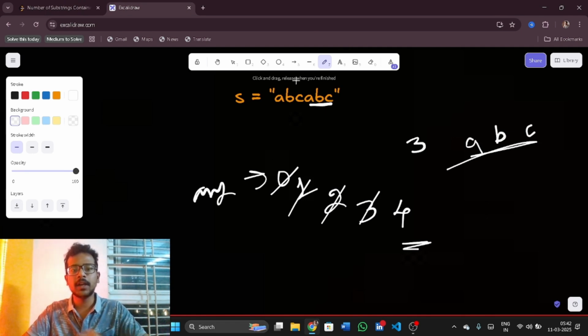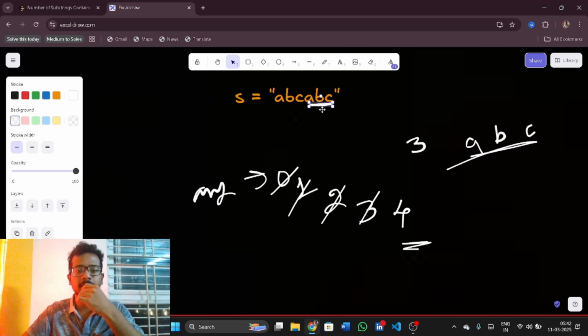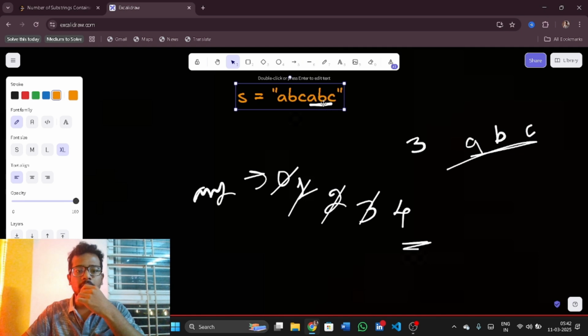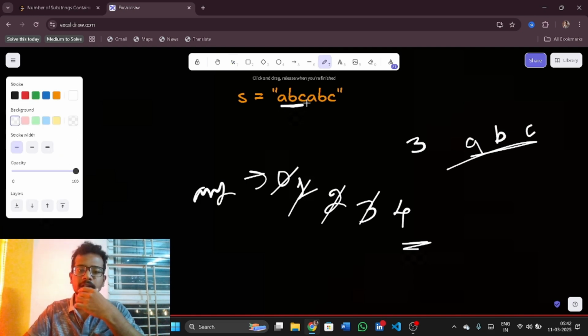So let me take the first substring which is having A, B and C. Here, this is a substring, that I know, but is this a substring also? Yes, absolutely, because from here till here you get another substring, and here also you get another substring.